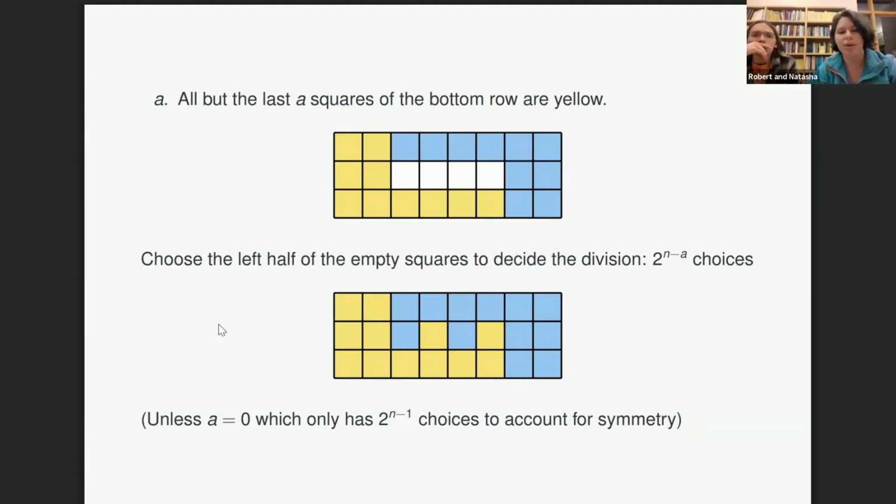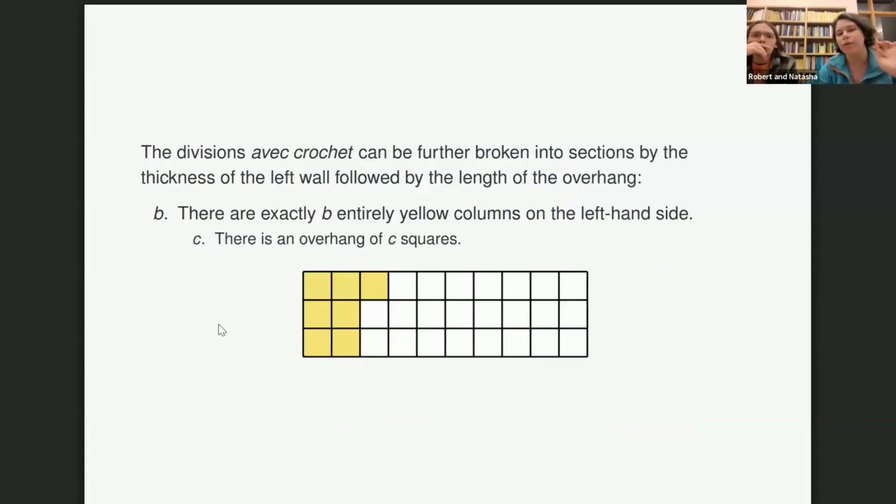Okay, so now avec crochet. Avec crochet has an overhang. So the way that he characterized avec crochet divisions is by specifying a thickness of the left wall, followed by how many squares there are in the overhang. So here we have a thickness of 2 and an overhang of 1.